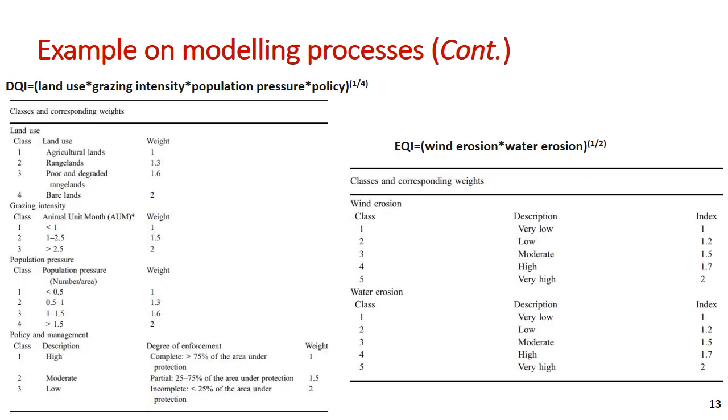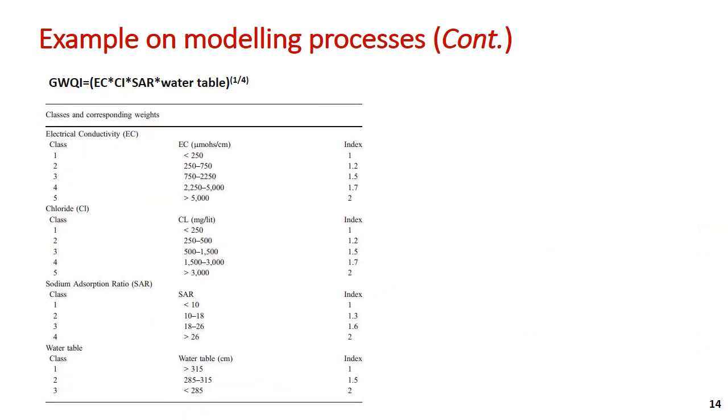Then they look at the demographic quality indices, where they look at the land use, the grazing intensity, and the population pressure, and also they looked at the erosion quality indices, and they did the same thing. Then the final index, which is the groundwater quality index, where they look at the electrical conductivity or the salinity of water, the chloride, the sodium adsorption ratio, and the water table.